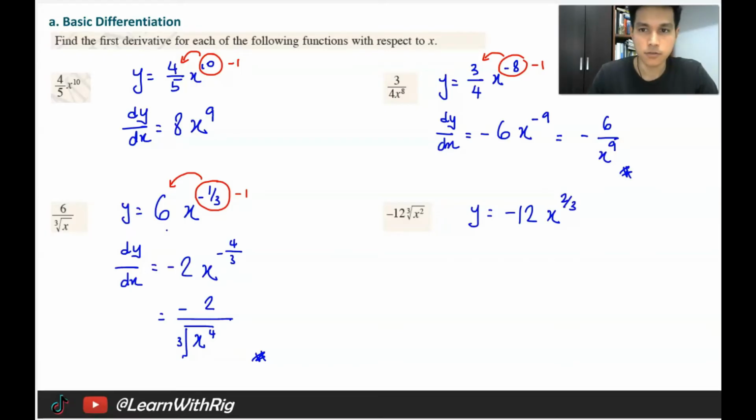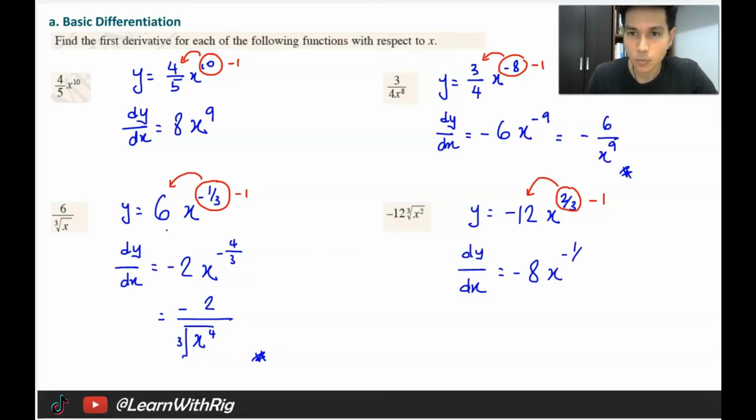Now you're going to do like normal. Take this, multiply by the front one, and then minus 1 here. So dy/dx equals negative 12 times 2 over 3, which is negative 8x. 2 over 3 minus 1, you get negative 1 over 3.